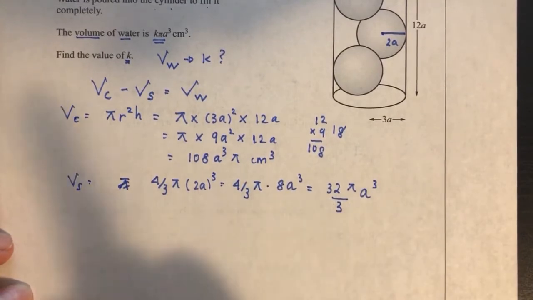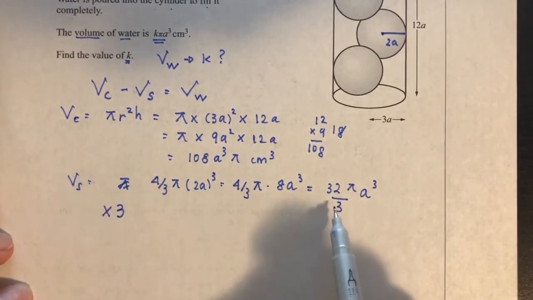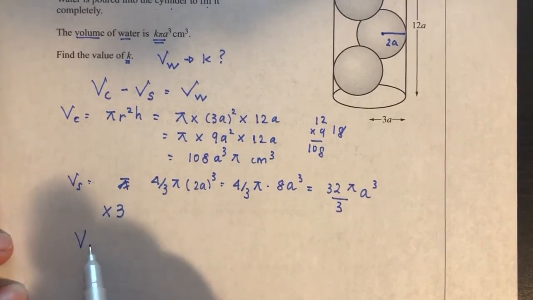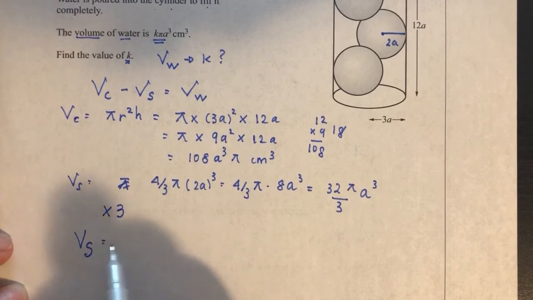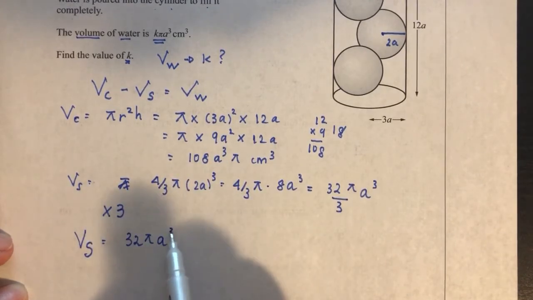This is the volume of one sphere, so we have to find 3. So we times 3, and the 3 cancels. So the volume of all the spheres will become 32 pi a cubed.